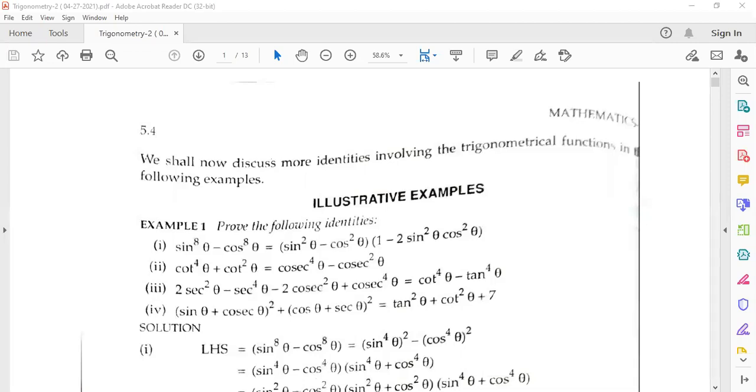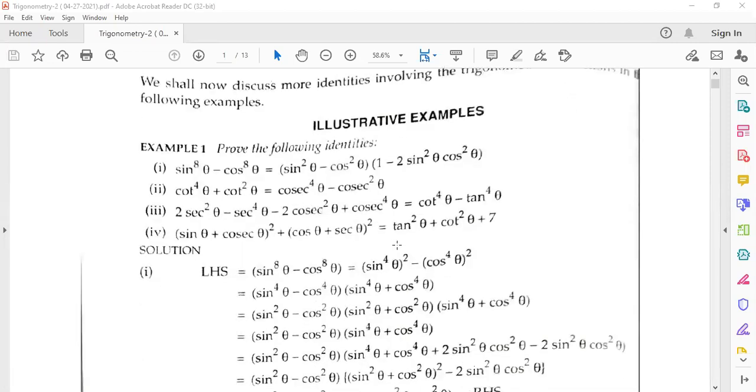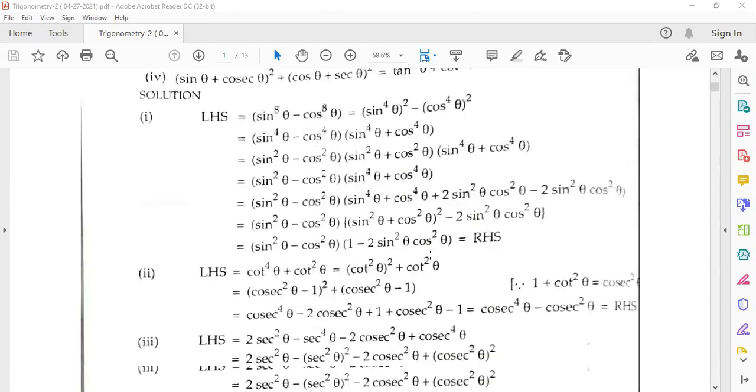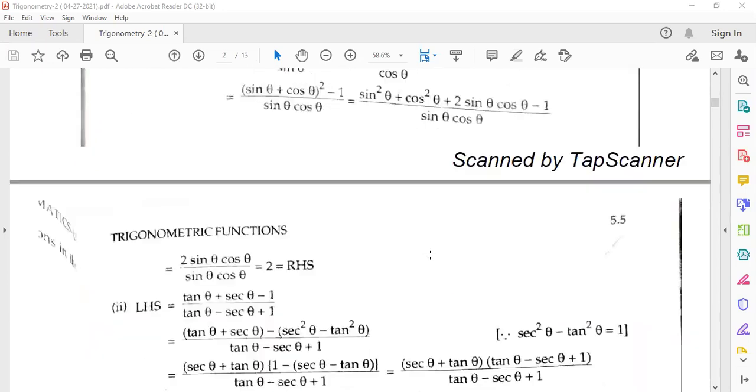This part was completed. Is my screen visible to you? Yes, sir. These examples were completed in the previous class, sir.